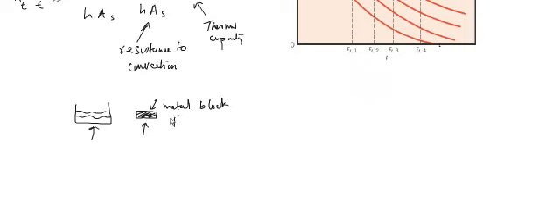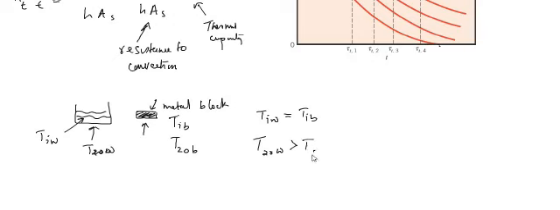Initially the temperature of the metal block was Ti, and let us assume the initial temperature of the water is also Ti, so Ti of water is equal to Ti of the metal block. Here 20 stands for 20 minutes. Now we can see that T20 of water is greater than T20 of the block.